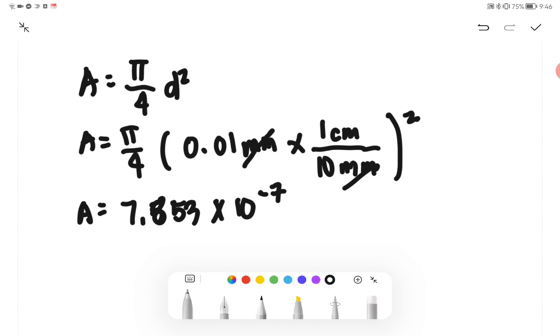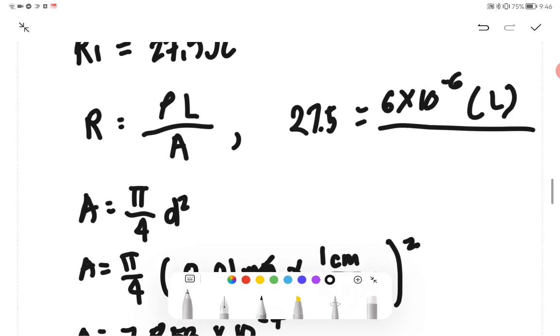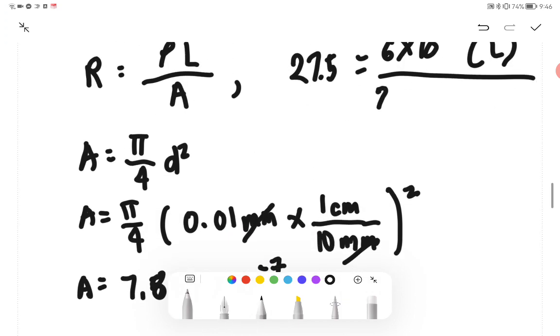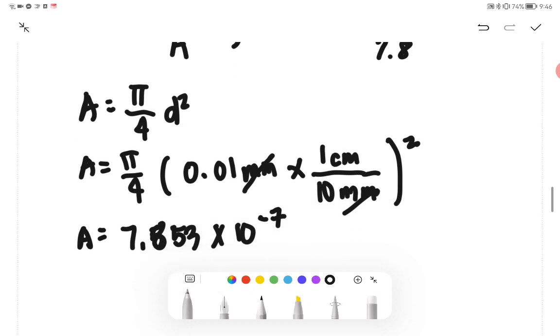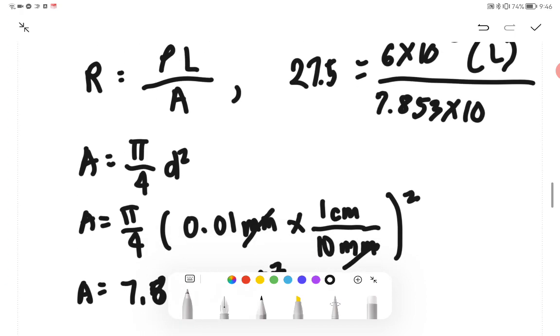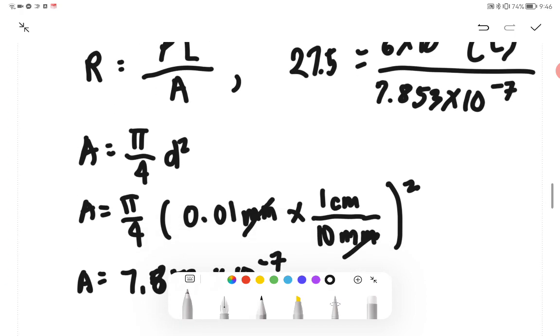So let's plug it in our area. Therefore, our L value, we just have to shift solve it, okay?